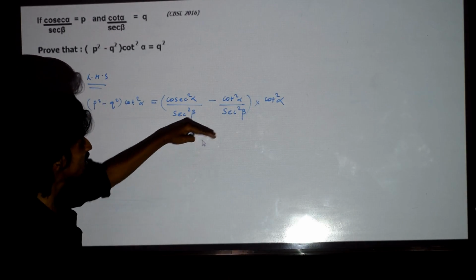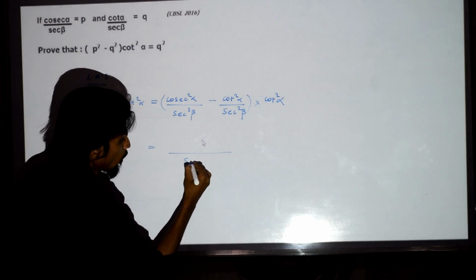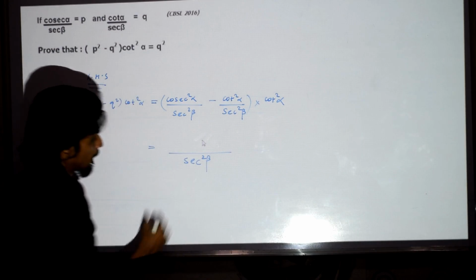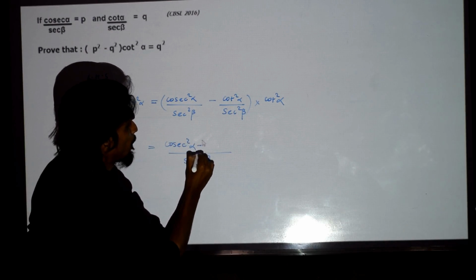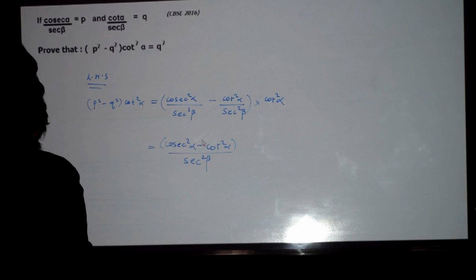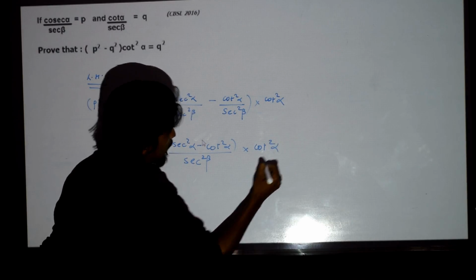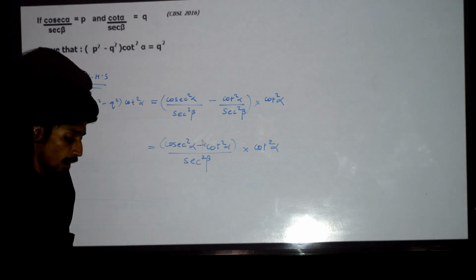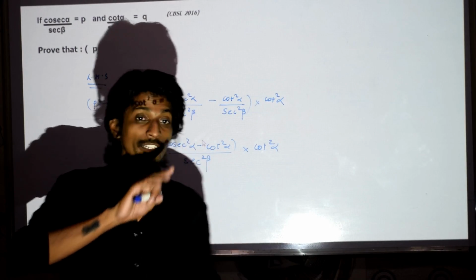Now the base is the same, I can say the denominator is the same, so the denominator is sec square theta. What is the numerator here? Cosec square alpha minus cot square alpha, put in a bracket, multiplied by cot square alpha. Now we know an identity, identity number 3.